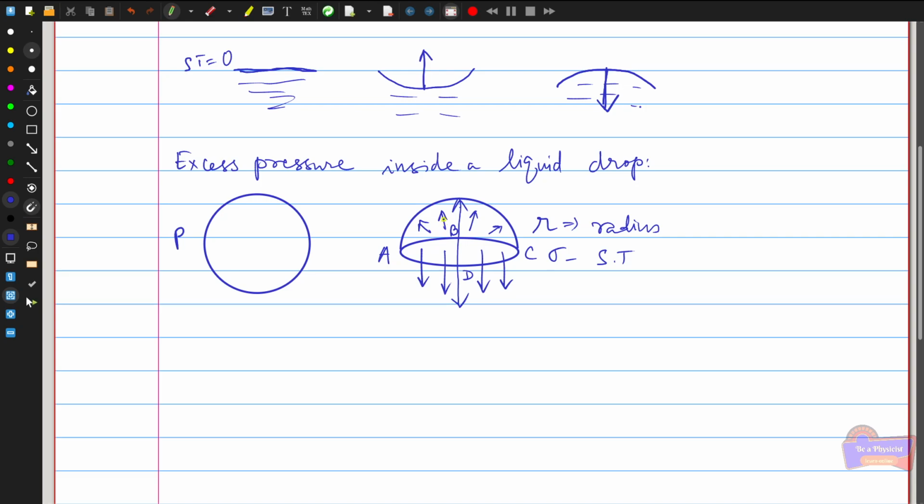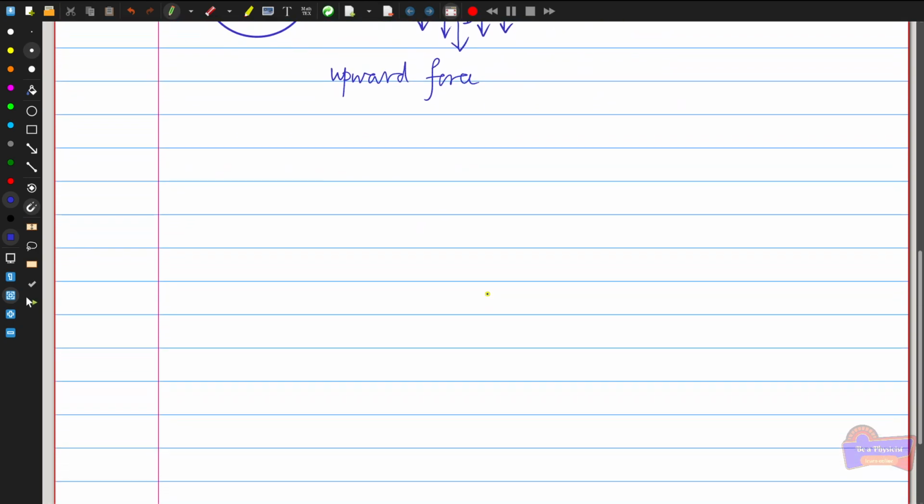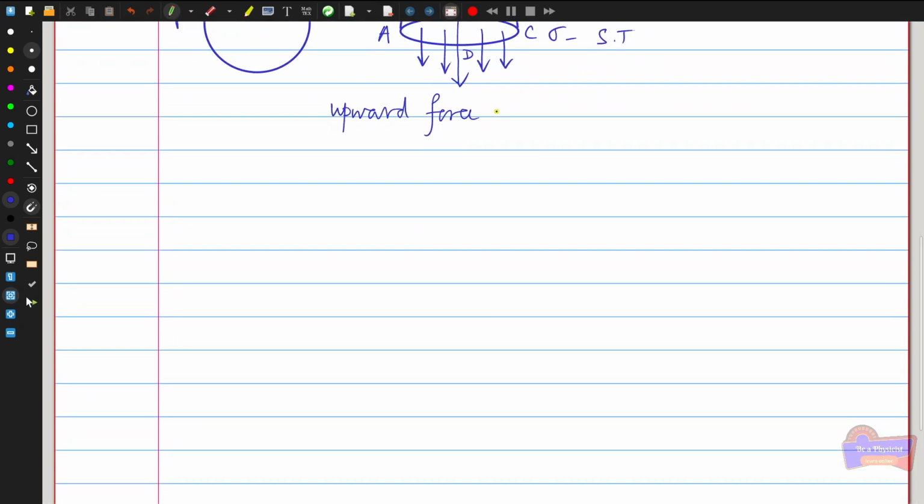The upward force on the plane ABCD due to this excess pressure P can be given as P times the area pi r squared.